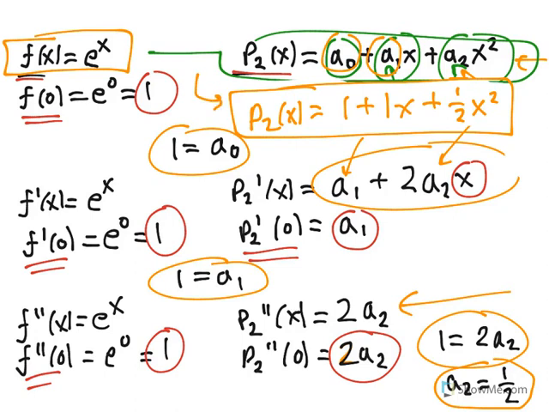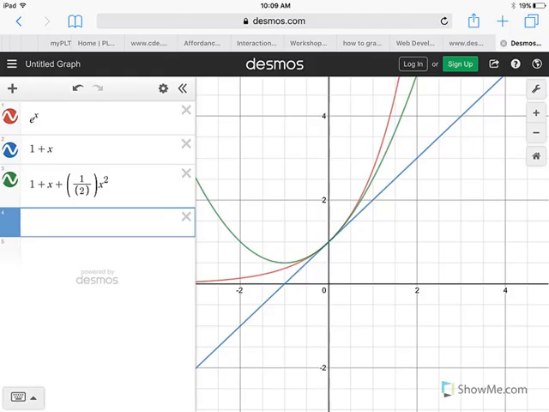Let's go ahead and compare the graph of the second degree polynomial function to the graph of e to the x. We already saw the graph of e to the x earlier. It's the red graph. And we saw the graph of the linear approximation for f of x equals e to the x centered at 0, and that's the blue graph.